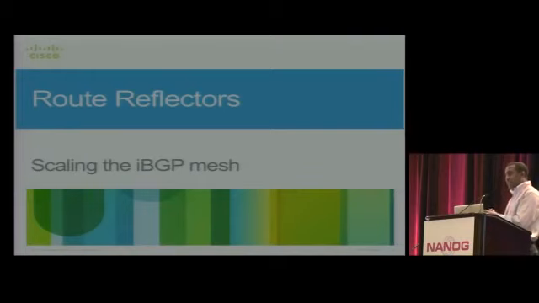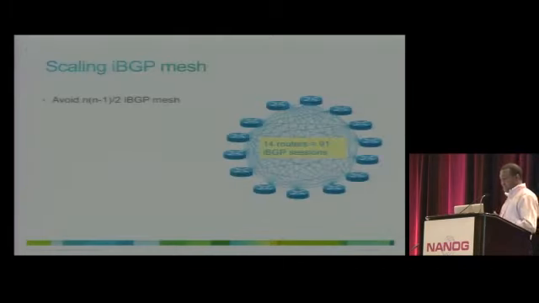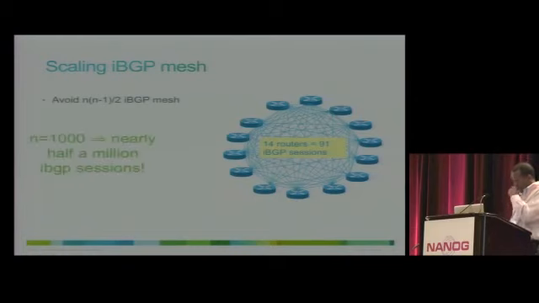But if it participates in BGP, it has to have full IBGP peering. But that doesn't scale. As you can see here, if you have 1,000 routers, then the scale will be almost 500,000 IBGP peers on the network, and that's a lot of peers. So to avoid that, we can use route reflectors.